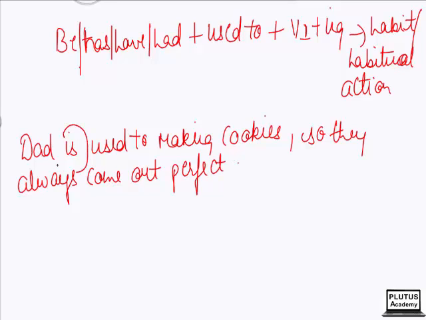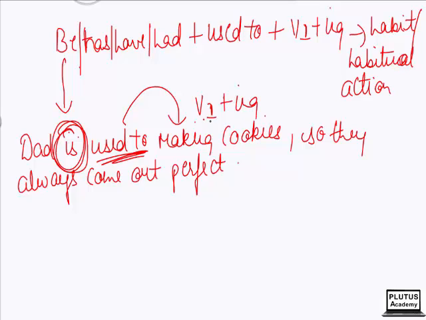See, is a form of be which is present here and after that used to is there in the sentence, then we have to use the first form of verb plus ing, and used to is behaving as an adjective here and it's representing a habit or habitual action here.